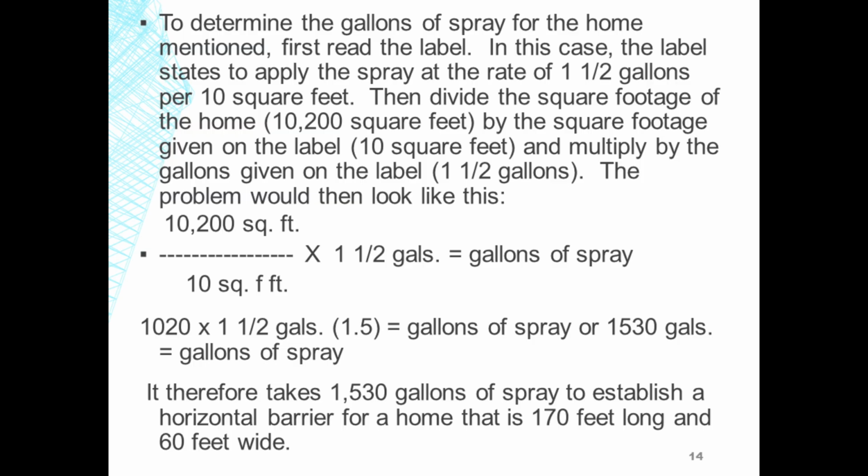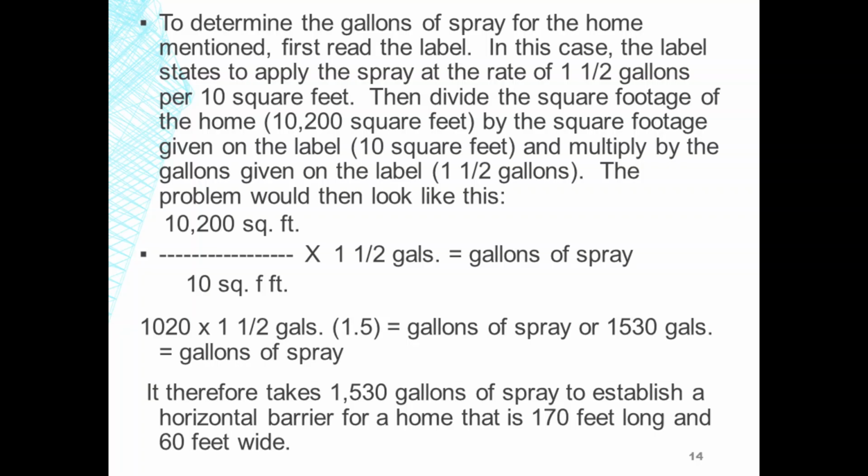When we do that, the 10,200 square feet divided by 10 comes out to 1,020 times 1 1/2 gallons, or 1.5, equaling gallons of spray, or 1,530 gallons of spray.